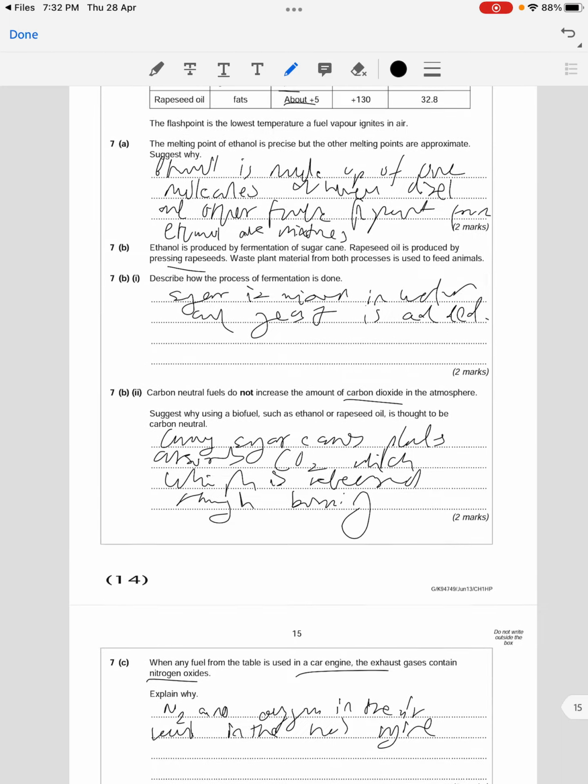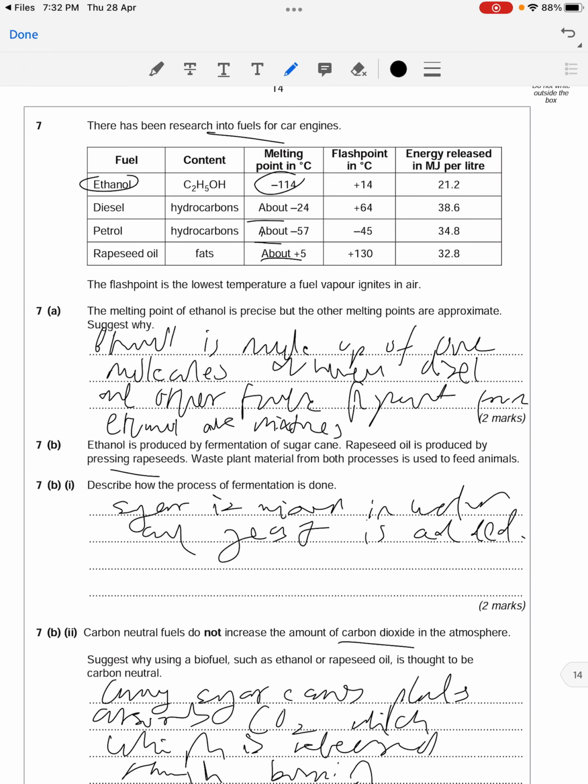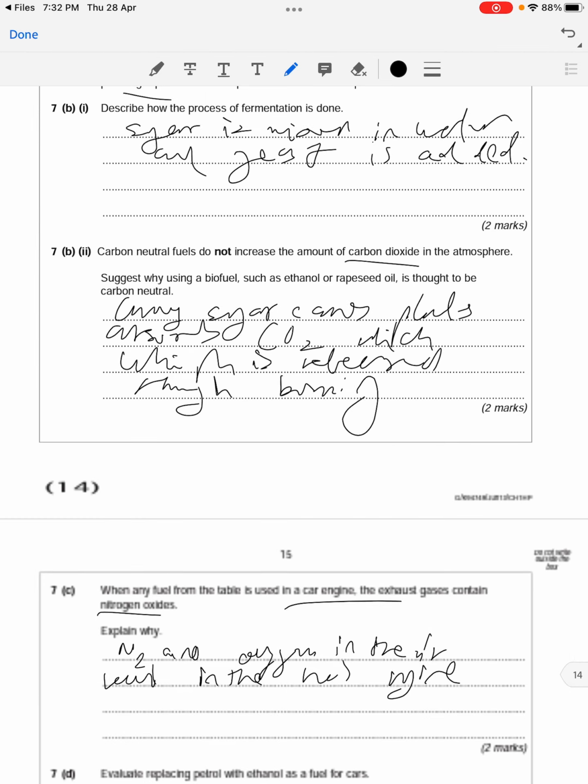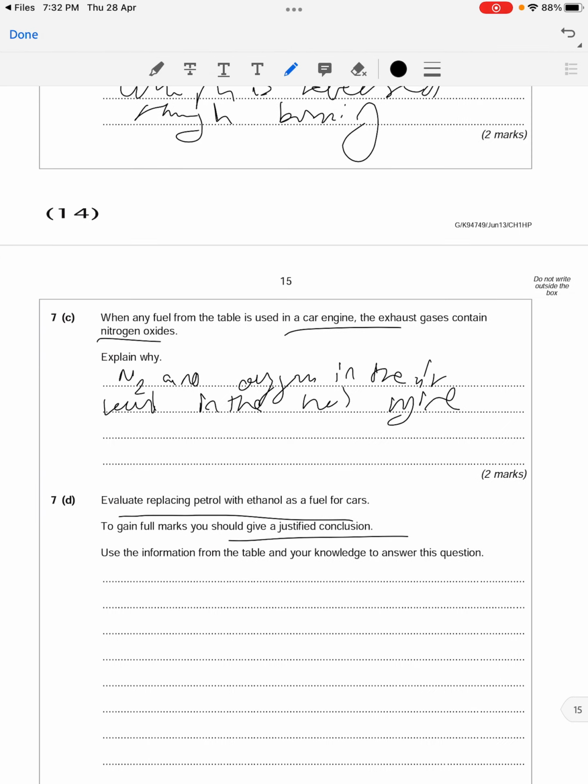Evaluate replacing petrol with ethanol as fuels for cars. So what can we see here? We can compare the amount of energy released in millijoules. It's pretty less actually, but ethanol needs a higher temperature to burn than other fuels, right? So we can mention that ethanol requires a higher temperature to burn than petrol.